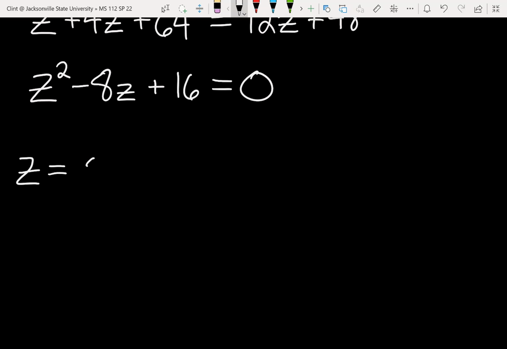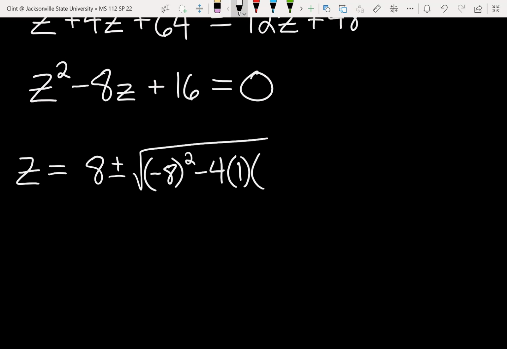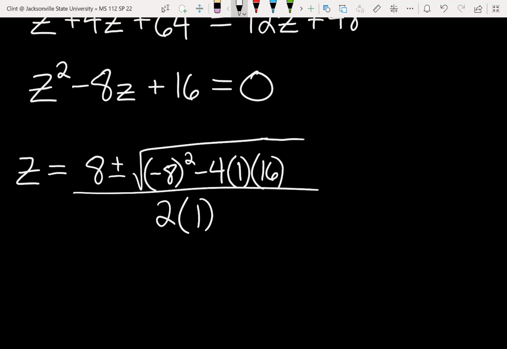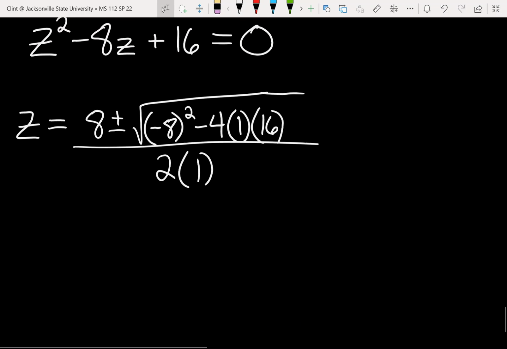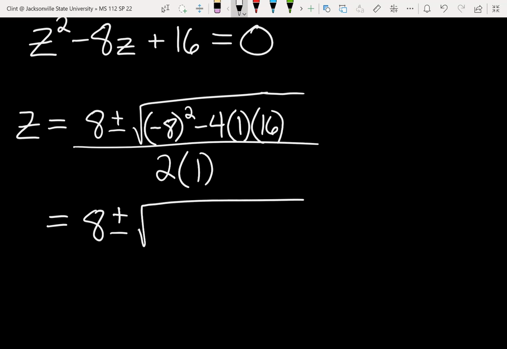So our b here is -8, so b plus or minus b squared, here parentheses really help you with the sign, minus 4 times a times c all over 2a. So now let's simplify. Factoring is nicer on this one.